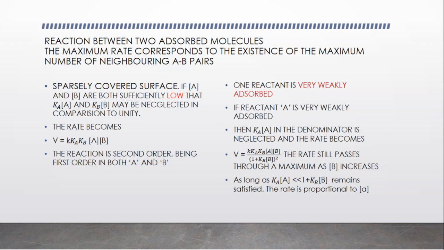Coming to another case, when one reactant is weakly adsorbed. If reactant A is weakly adsorbed, then Ka into concentration of A in the denominator is neglected and the rate becomes V equal to K into Ka into Kb into concentration of A and B, divided by the denominator (1 plus Kb into concentration of B) whole square.